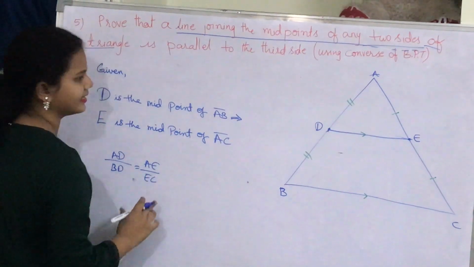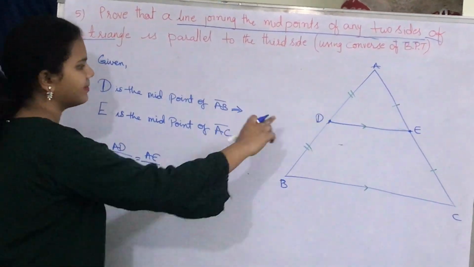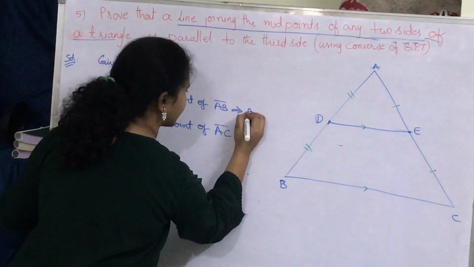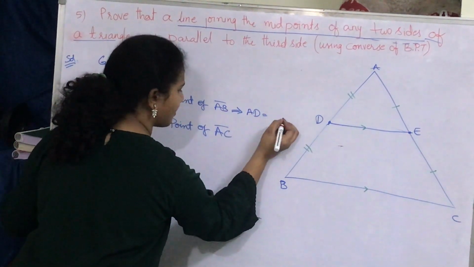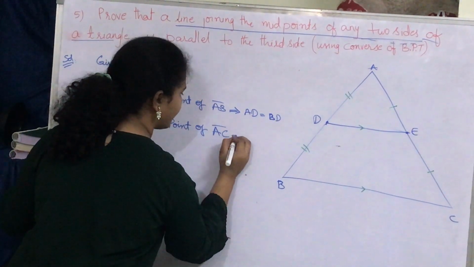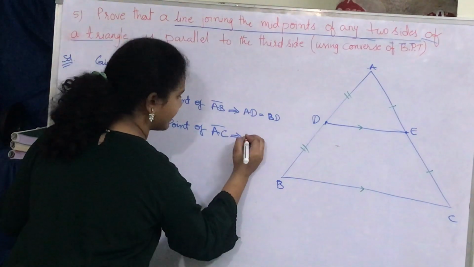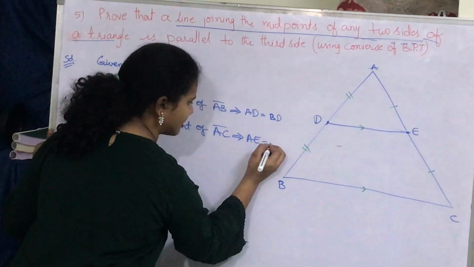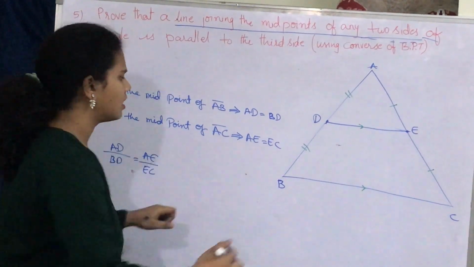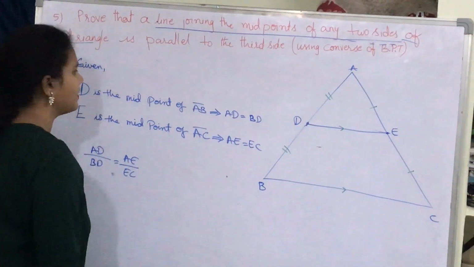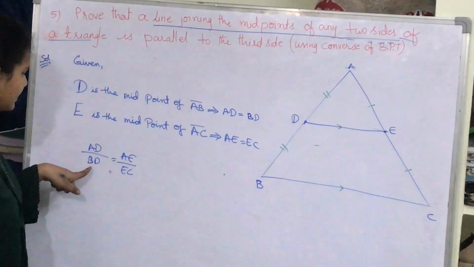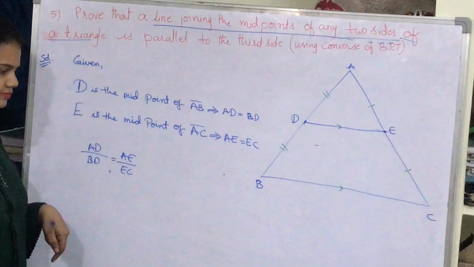Now we know that D is an exact midpoint, so I can write AD equals BD. And over here I can write AE equals EC, because E is an exact midpoint of the side AC. Now I have AD by BD equals AE by EC.